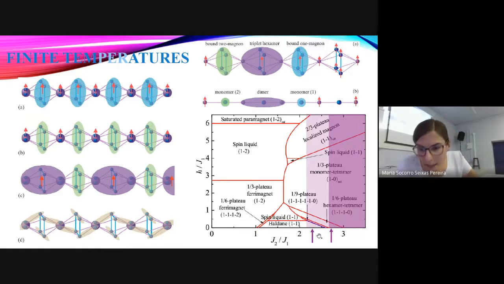It is necessary to say that these two tiny phases, which correspond to the 1/9 plateau and this blue line to the 1/12 plateau, were neglected in our lattice gas description.